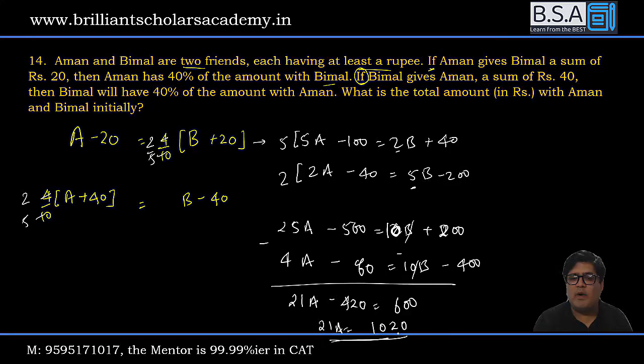So you guys tell me what is a. Just verify these calculations. 21a is equal to 1020. So from this you get the value of a, and from that you get the value of b. Rajesh, good evening. So decimal is coming, yes. Just verify these calculations.